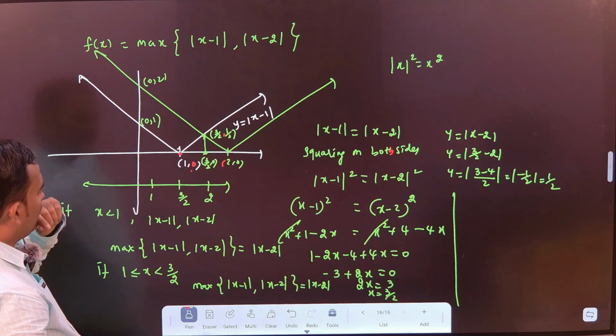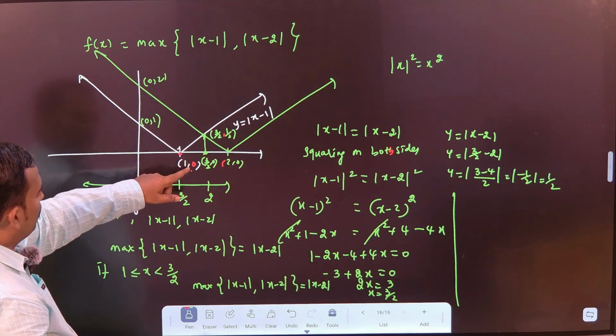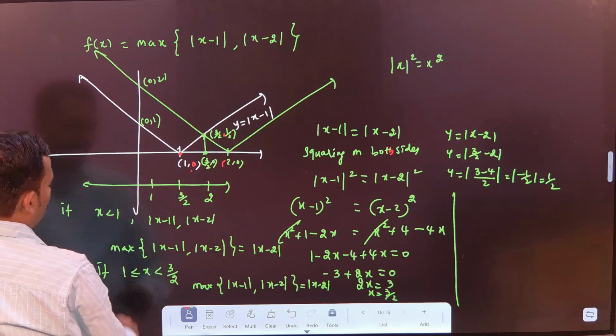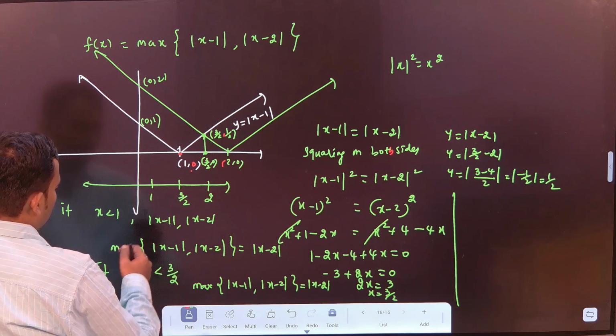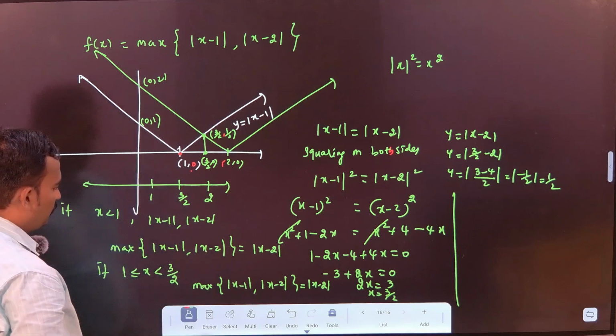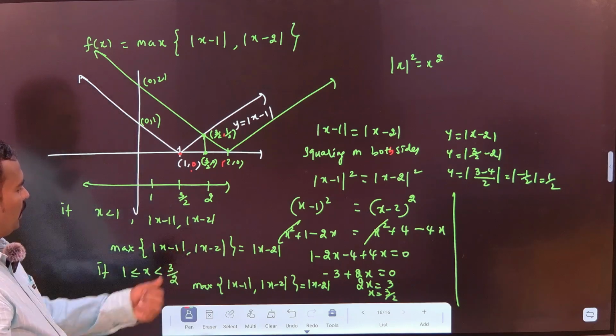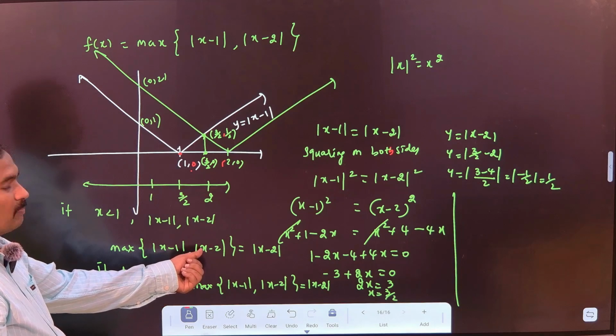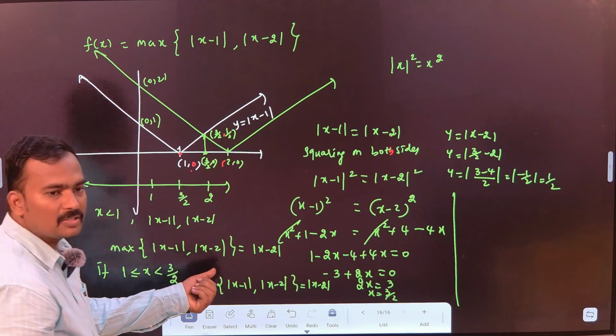So 1 to 3 by 2, let us take 1.2. So 1.2 minus 1 is 0.2, and 1.2 minus 2 is negative 0.8. So mod x minus 2 is the larger, right?